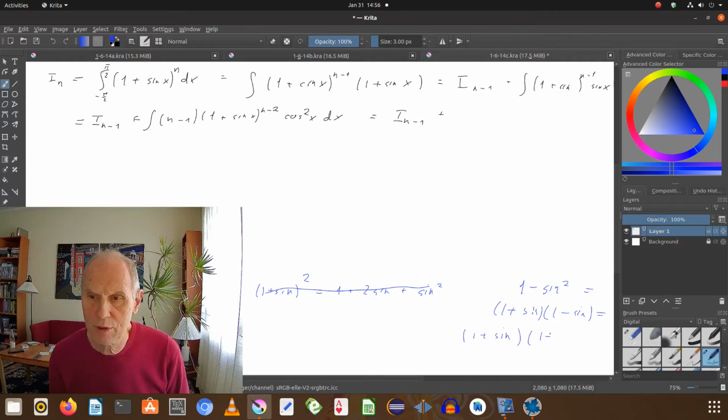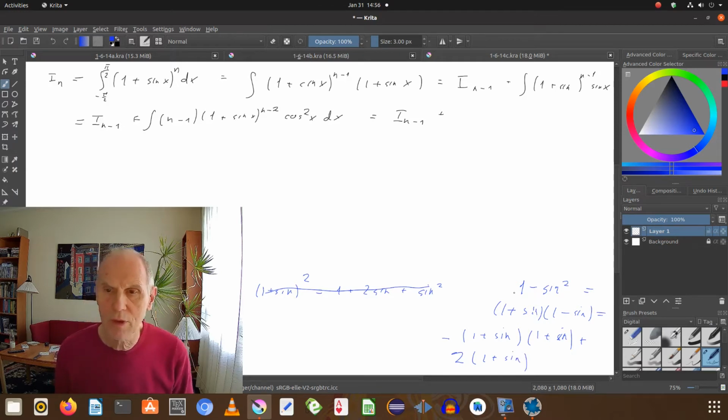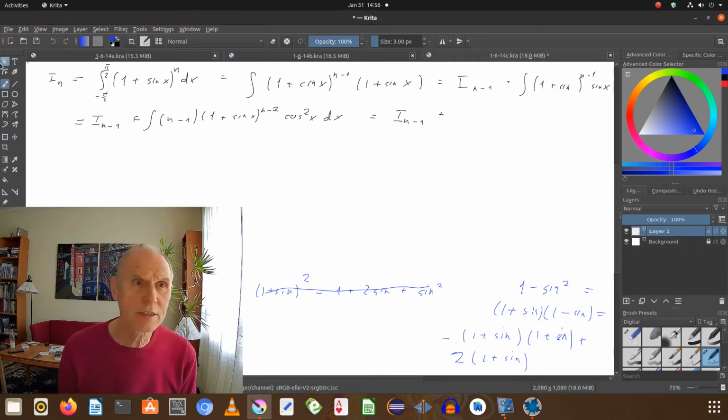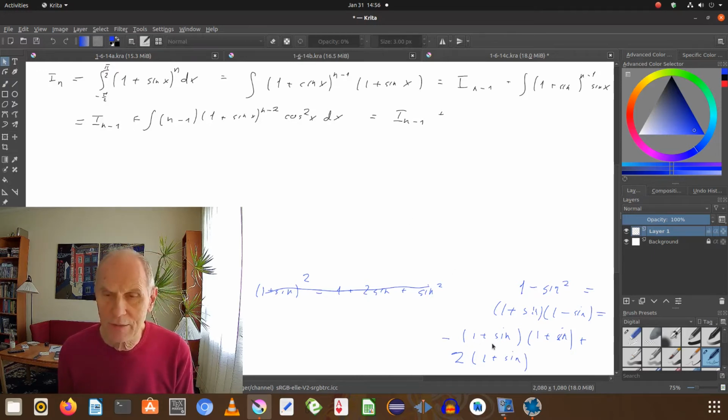Times 1, and then we have this, we need to have this twice. So that's the point here, that we can actually write this cosine squared as 1 plus sine squared minus 1 plus sine squared plus 2 times 1 plus sine.